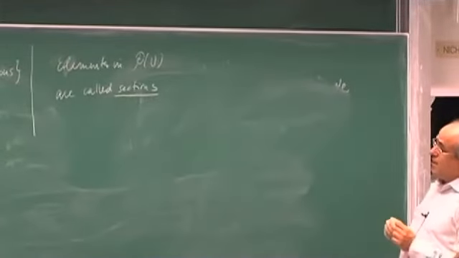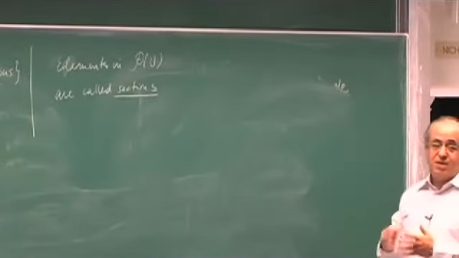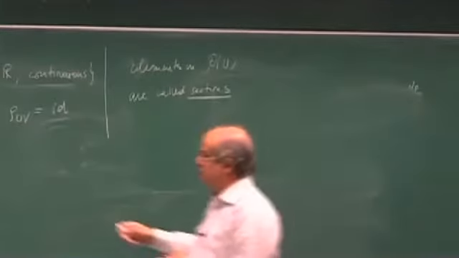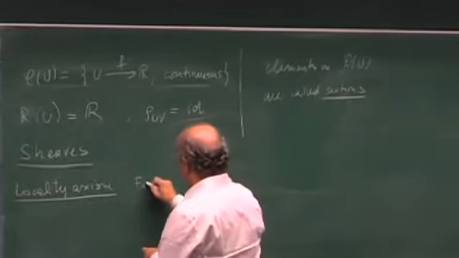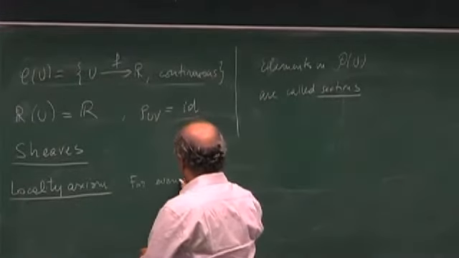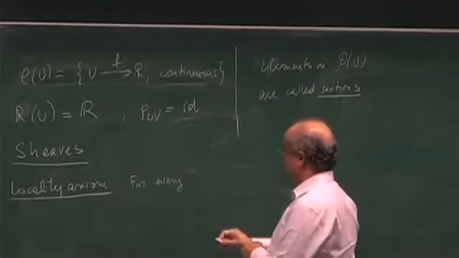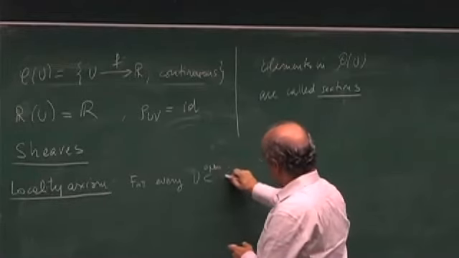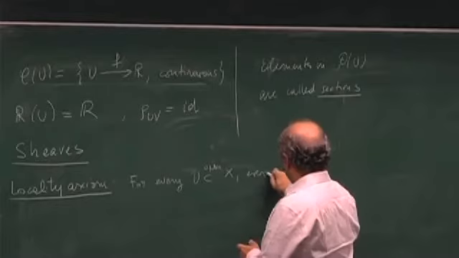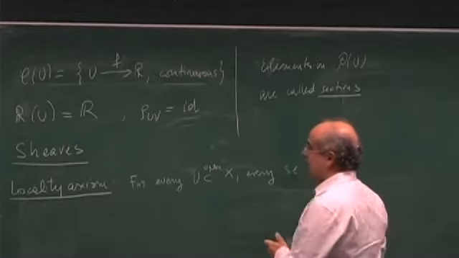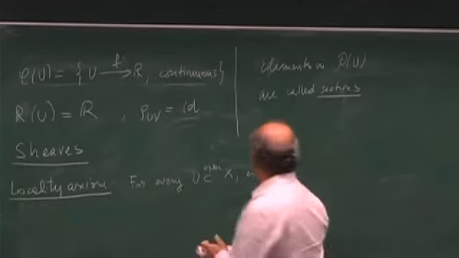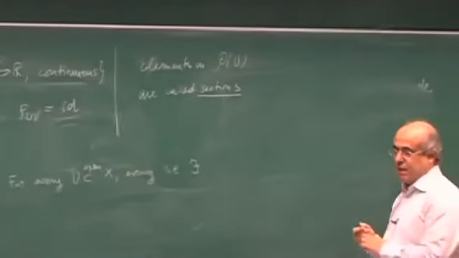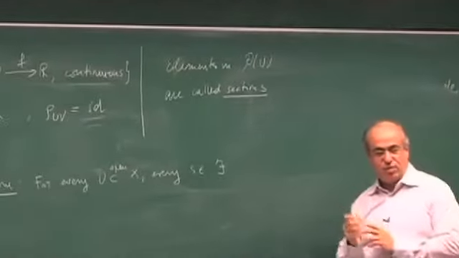So the idea is that a section is zero if it is zero locally, which means the following. This is a little cumbersome to write. For every open set in X, every section of a sheaf that we call F, standard notation, of course it comes from French.